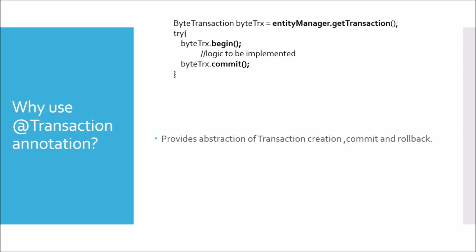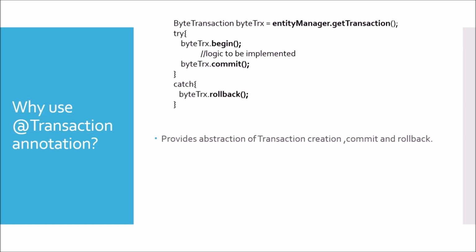Now all this begin and commit of the transaction we do in a try block. So in case my transaction failed before the commit is done properly, in the catch block we roll back the transaction using trx.rollback.